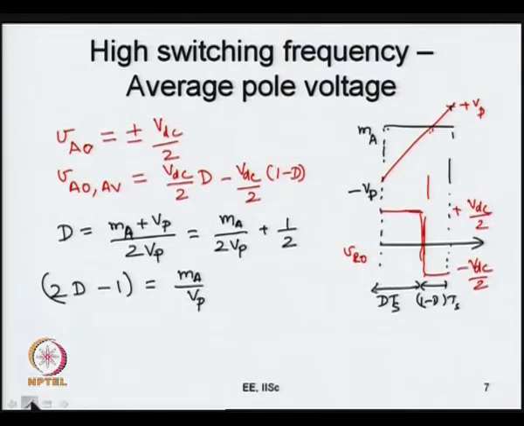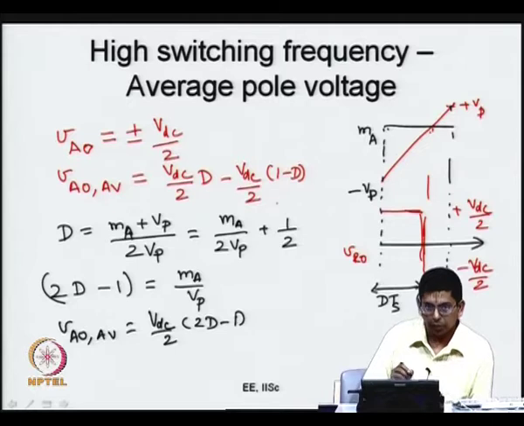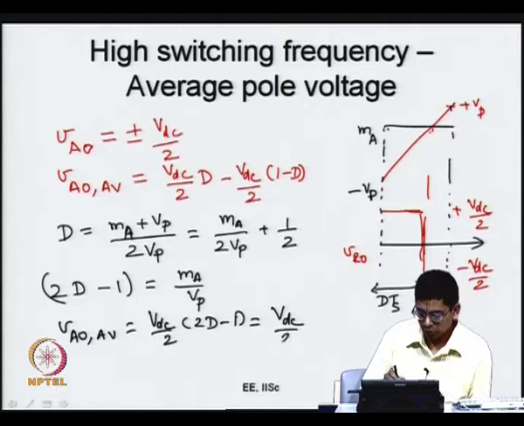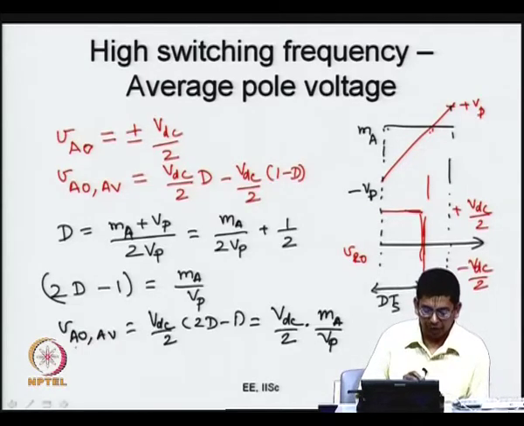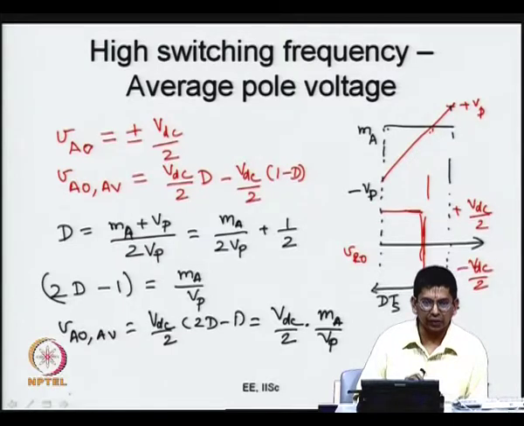Let me go back, VAO average itself is VDC by 2 times 2D minus 1 from the previous equation, and 2D minus 1 is equal to MA by Vp. So, we have the average pole voltage related in terms of DC bus voltage and duty ratio first, and duty ratio is related in terms of the modulating signal and the peak of the carrier.